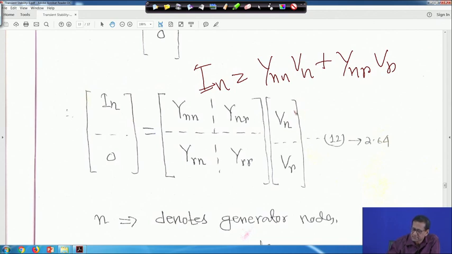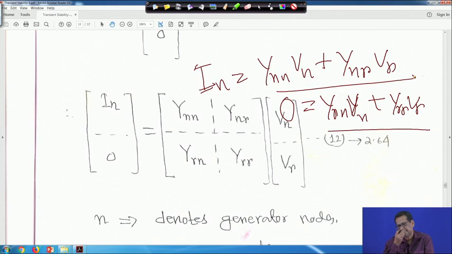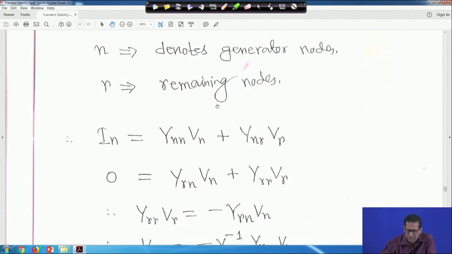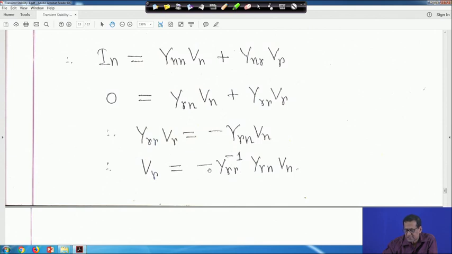Another equation is 0 equal to Yrn Vn plus Yrr Vr. This is the first equation, this is the second equation. From the second equation you can write Yrr Vr equal to minus Yrn Vn, or Vr equal to minus Yrr inverse Yrn Vn, right.